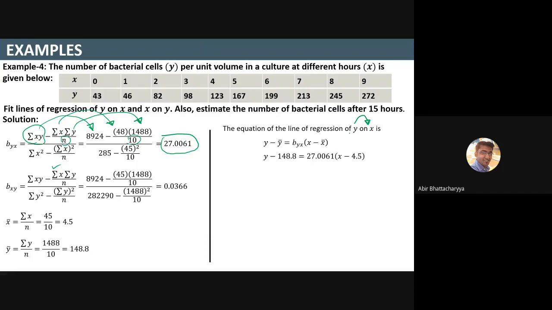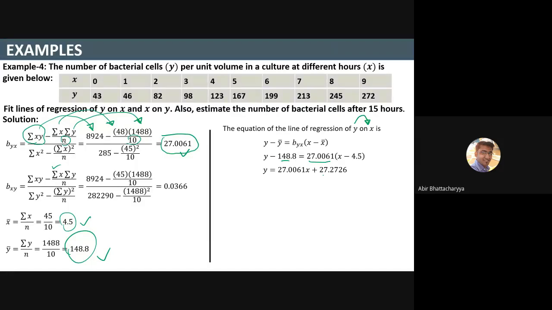Just plug in the values: y minus 148.8 equals 27.0061 times x minus 4.5, where 4.5 is x bar. After calculation, I get this result. So this is the regression equation of y on x.